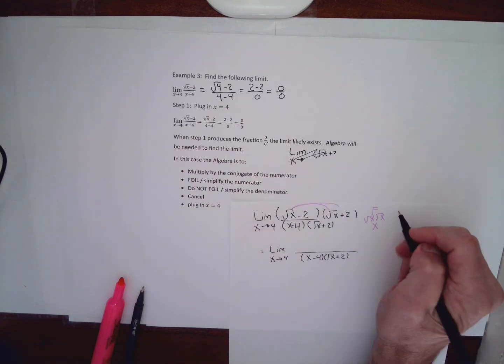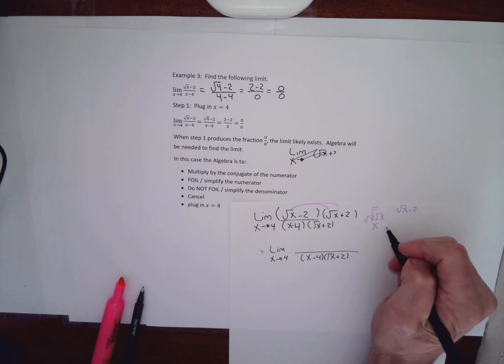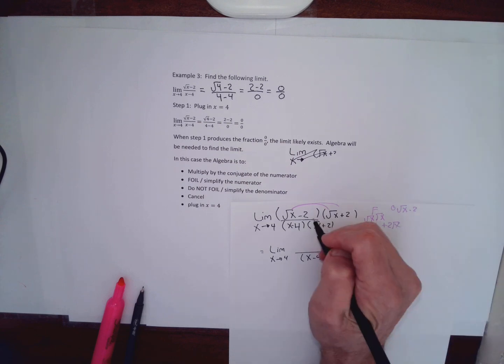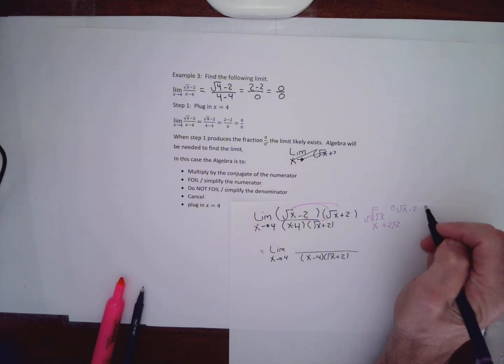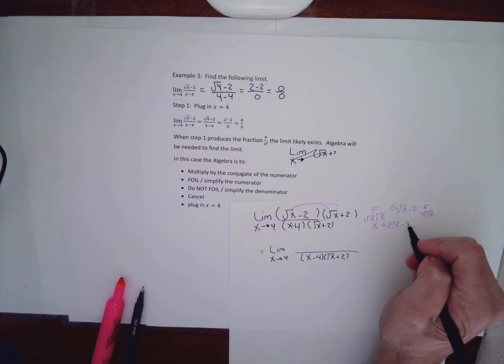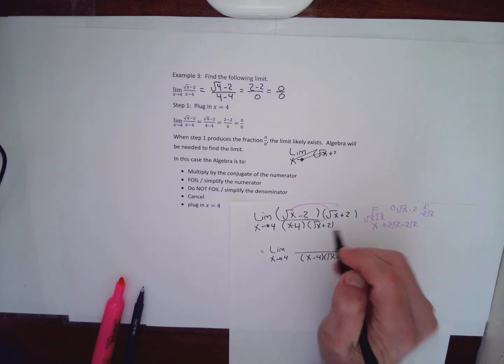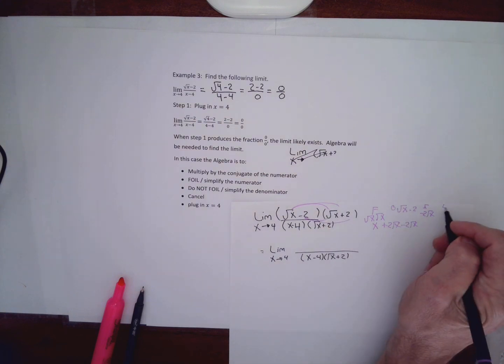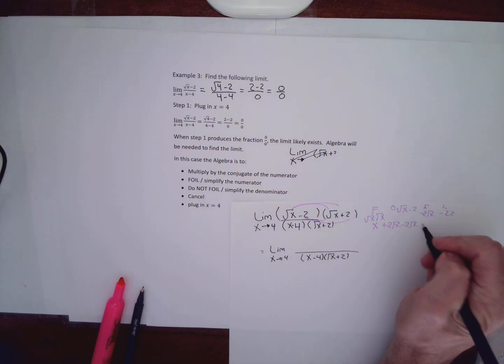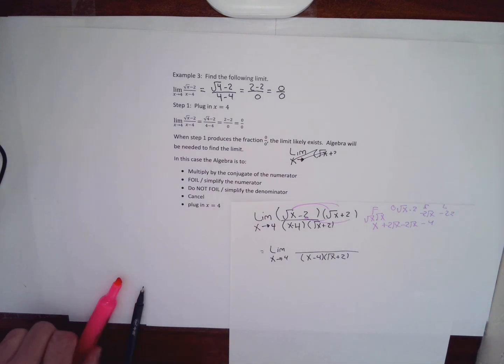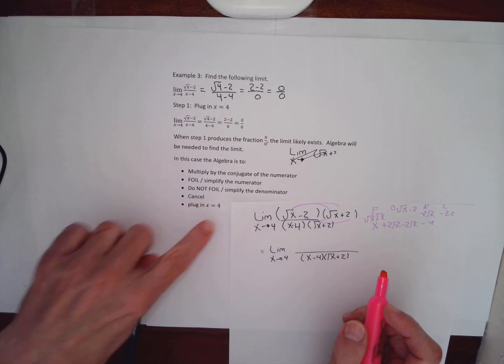And then outers, the square root of x times 2, that's just positive 2 square root of x. And then inners, minus 2 times square root of x, that's just minus 2 square root of x. And lasts, minus 2 times positive 2, that's minus 4. So that's FOILing, simplifying the numerator.